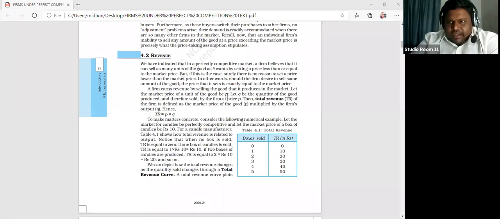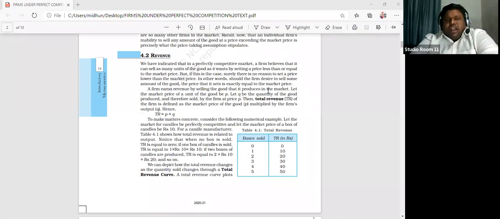Let Q be the quantity of the good produced and therefore sold by the firm at price P, in the perfectly competitive market condition. Then the total revenue, TR.